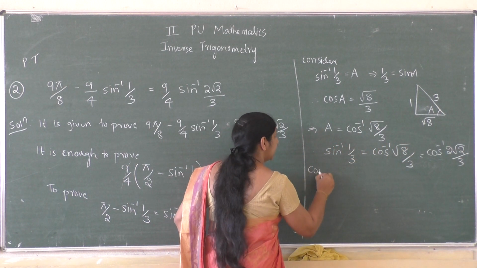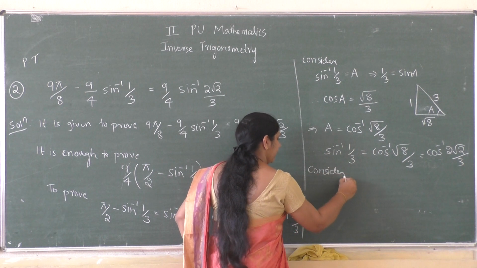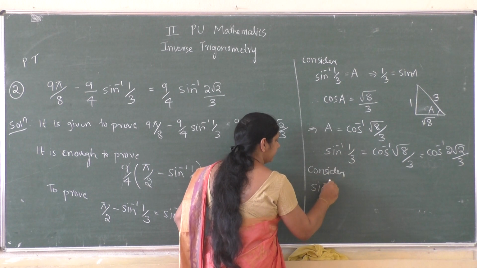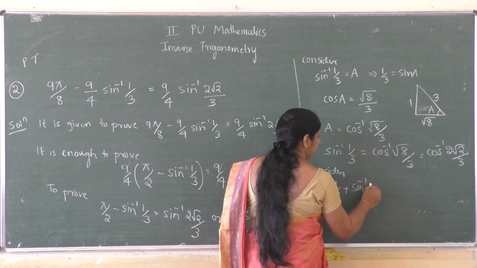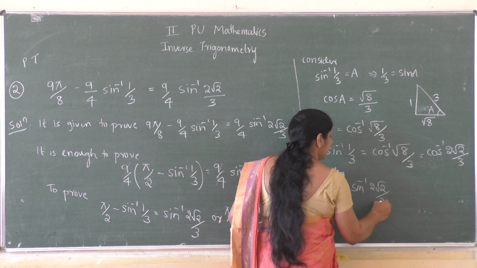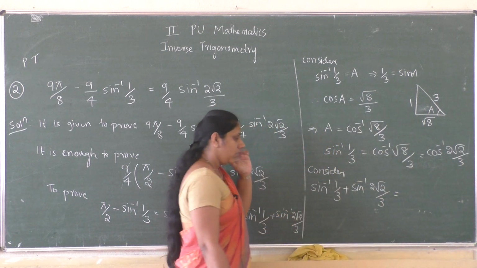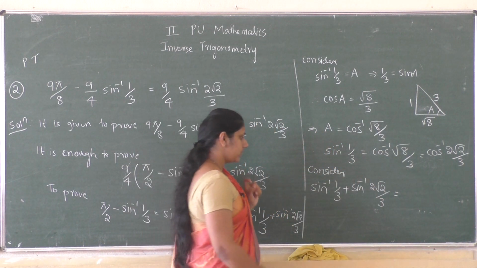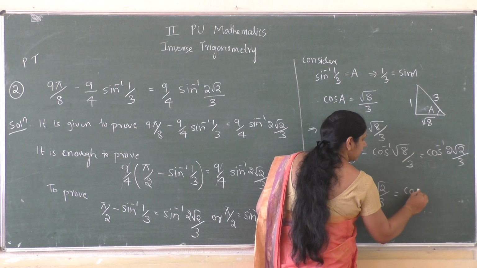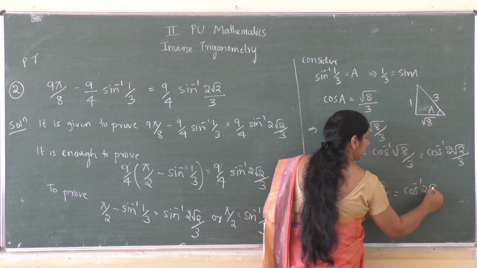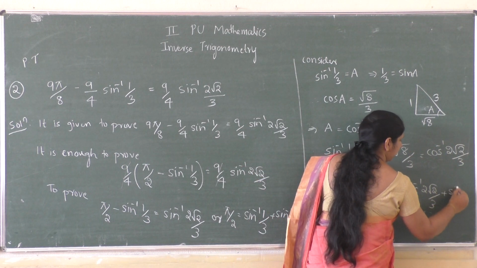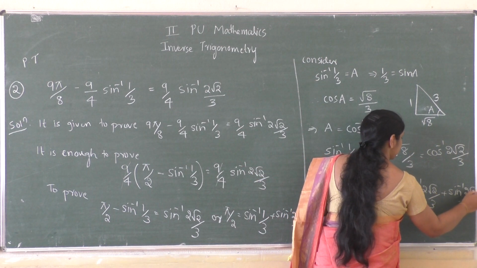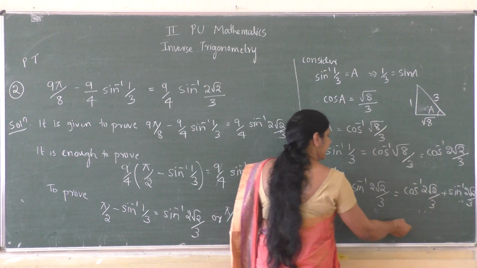Now consider sin inverse 1 by 3 plus sin inverse 2 root 2 by 3 is equal to, already we proved what is sin inverse 1 by 3. It is cos inverse 2 root 2 by 3 plus second term as it is, sin inverse 2 root 2 by 3.